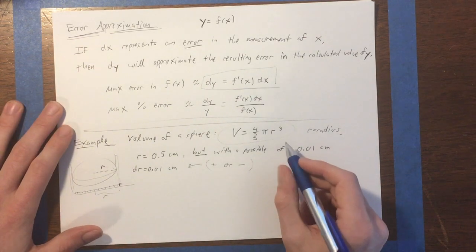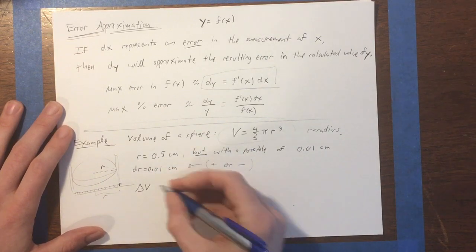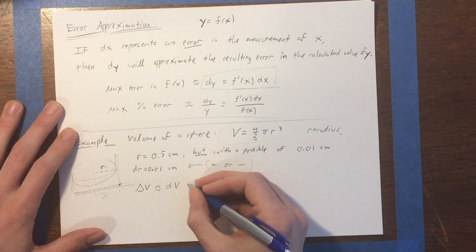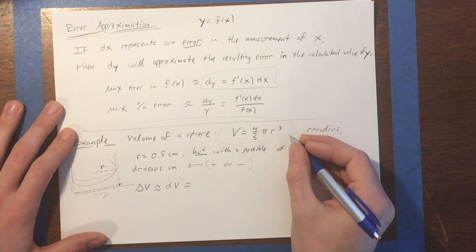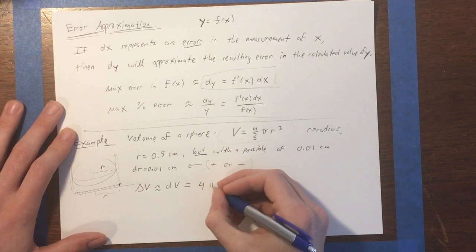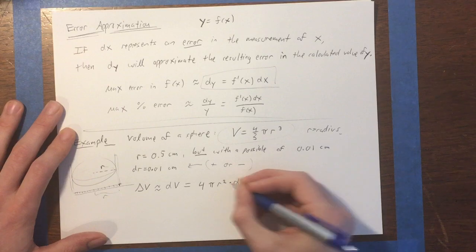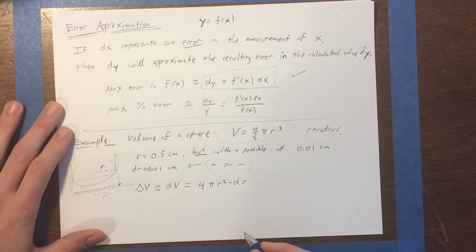But how much could it be off by? Well, the change in volume occurring from this change in r is going to be approximated by our dV, which we can get by just taking the derivative of the volume. Differentiate that volume real quick. We're going to get 4 pi r squared, and then multiplied by dr. Okay, so that's the formula. That's this formula right here.